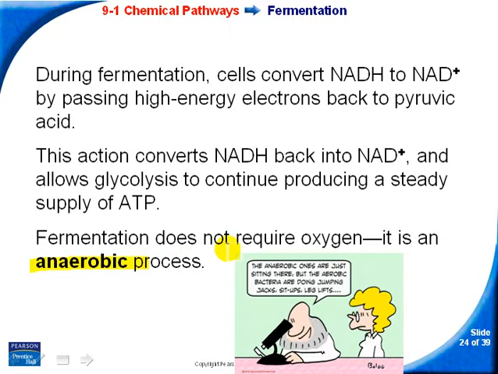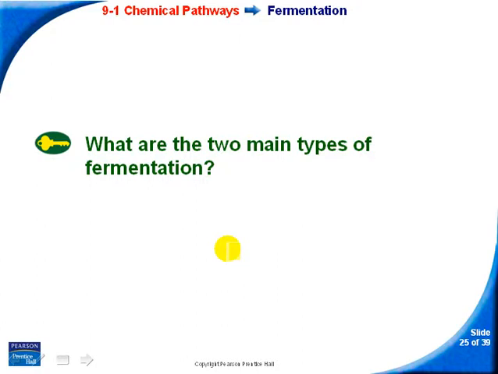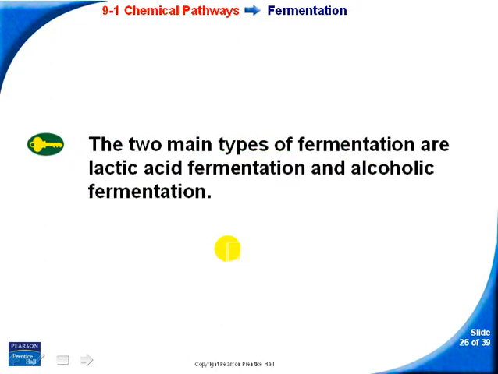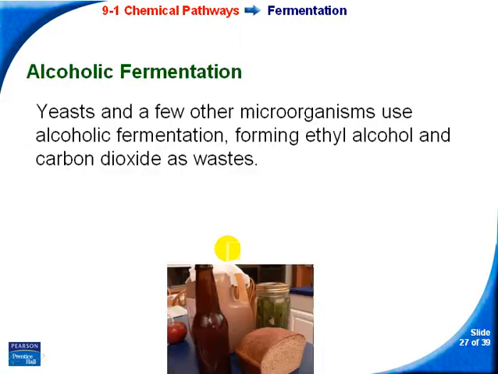That means without oxygen. There are 2 main types of fermentation: lactic acid fermentation and alcoholic fermentation, which you've probably heard of both. In alcoholic fermentation, we make ethyl alcohol, and this is how we make beer or wine, etc. And we create carbon dioxide as waste. When you produce beer or wine, one of the products of it is fermentation.